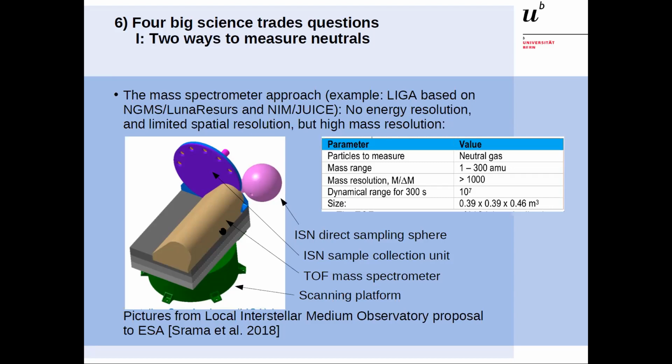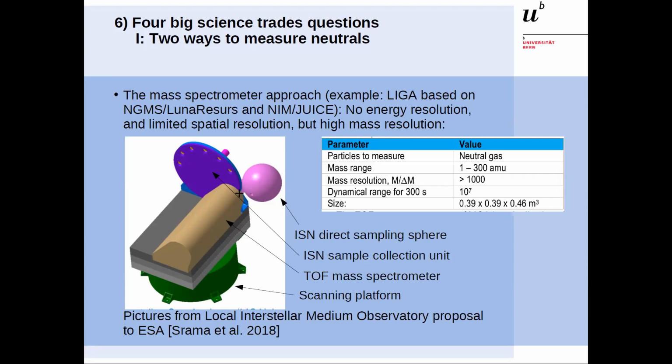But the idea is basically you take a time of flight mass spectrometer, and then there are 2 different mechanisms: you can either directly measure the neutrals that come into your field of view, and you can use an antechamber to accumulate your neutrals to get a better sensitivity, or you could even expose some aluminum foils for weeks or months, and then later heat them up and really measure the very rare species of your interstellar neutrals.